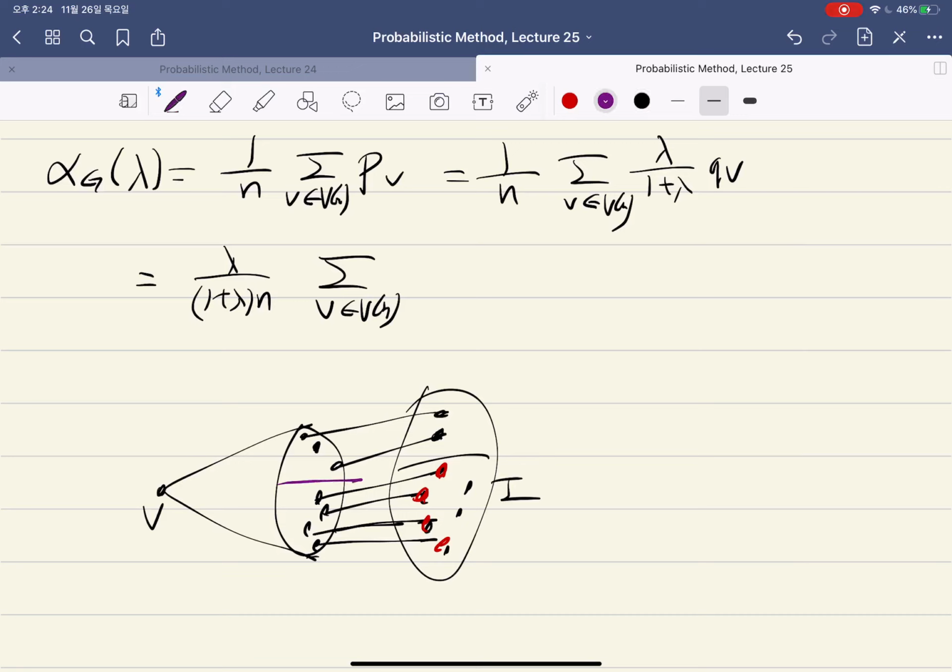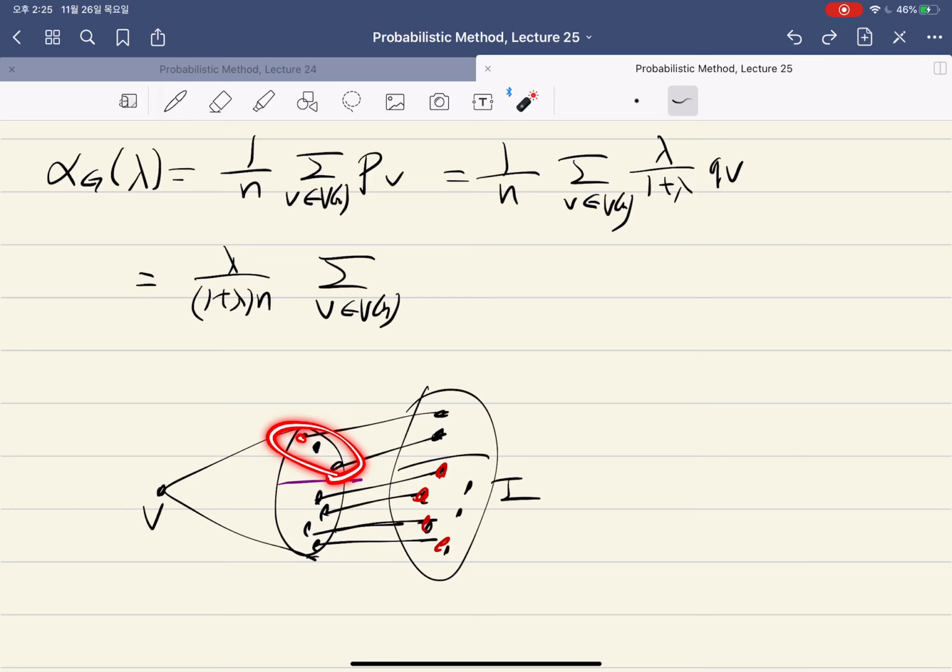Then these vertices cannot be chosen, cannot be occupied, because their neighbors are already in the independent set. Meaning that these are not uncovered, so they anyway cannot be in here, but these are uncovered.